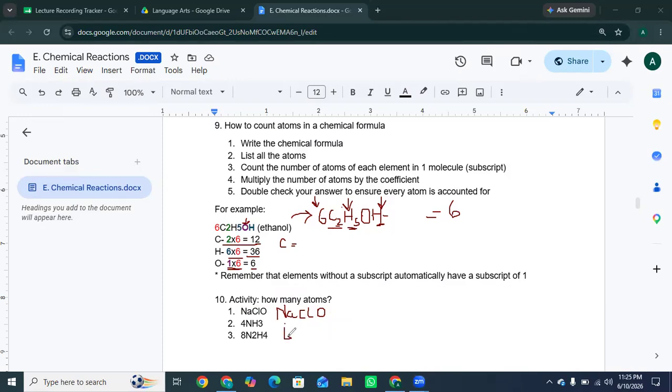Na has one atom, Cl has one atom, and oxygen O also has one atom, because no big coefficient in front means we are just looking at one molecule. So the total number of atoms is 1 plus 1 plus 1, which is 3.